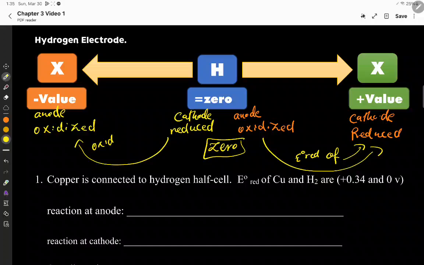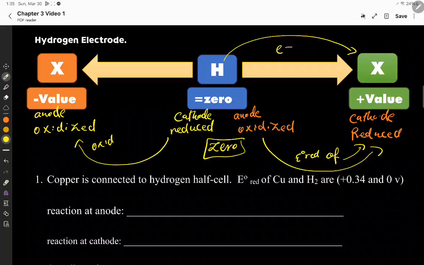Now here, if we connect hydrogen with a substance which is positive, electrons will flow from hydrogen to the substance which has positive value, because hydrogen will be the anode and it will be oxidized.